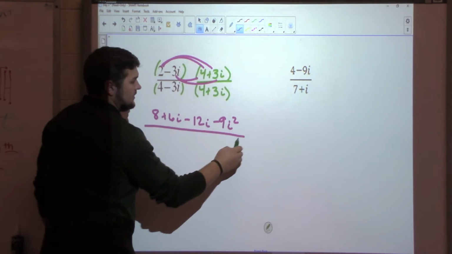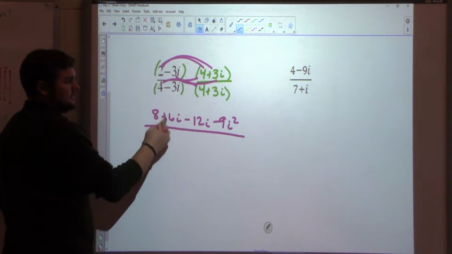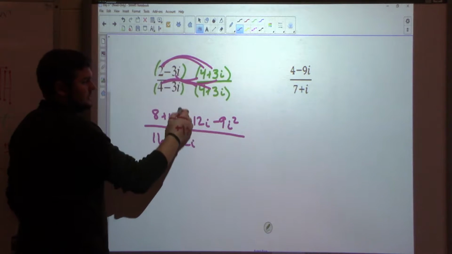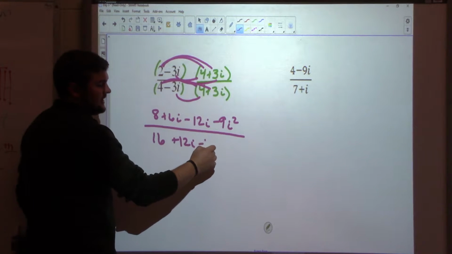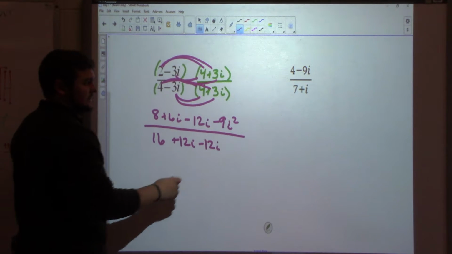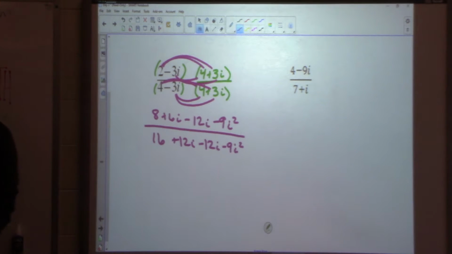Over 4 times 4, which is 16. 4 times 3i is 12i. Negative 3i times 4 is minus 12i. Negative 3i times positive 3i is minus 9i squared. All I did was FOIL, top and bottom.